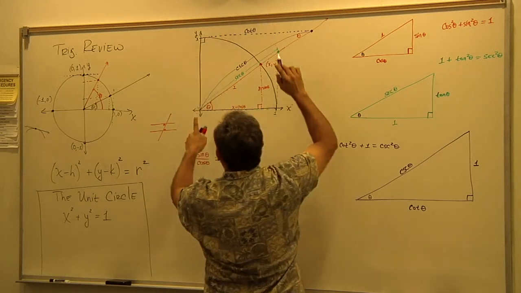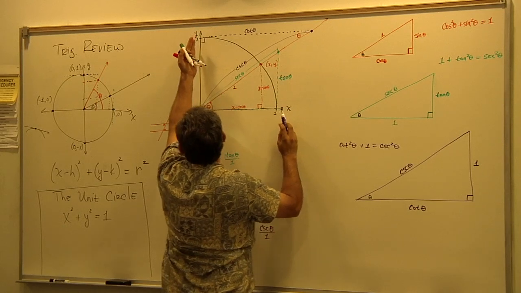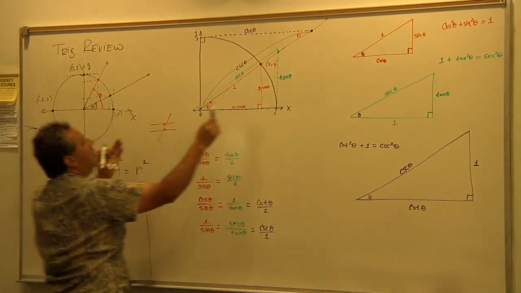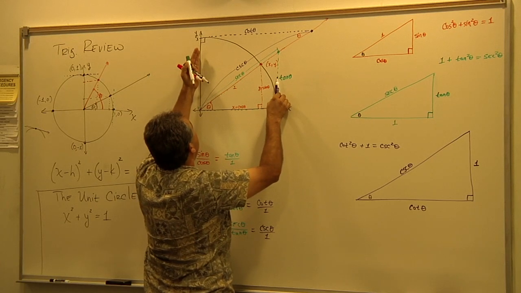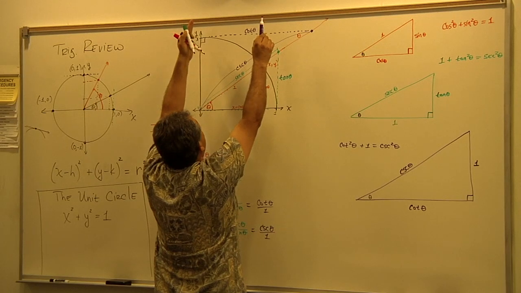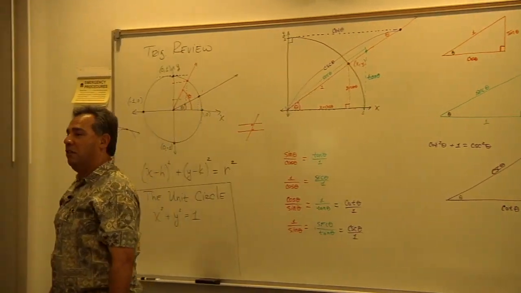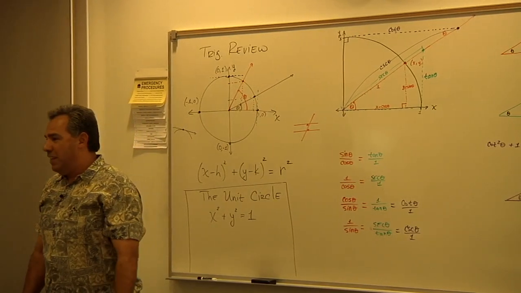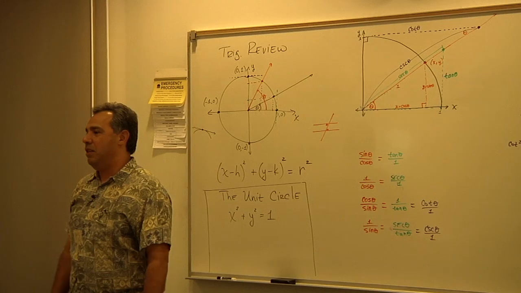But what happens when you're at 90 degrees and the ray is going straight up? What would you say about this vertical tangent line? If the ray is straight up and this tangent line is vertical, will they ever intersect? No, because they're parallel lines, right? That's why the tangent is undefined at what angle? 90 degrees. That's why it does that.